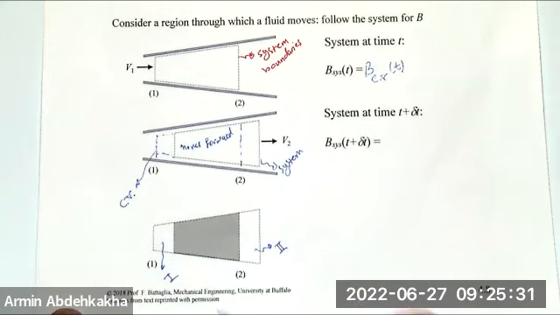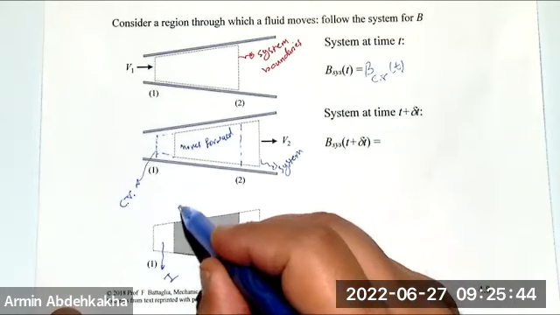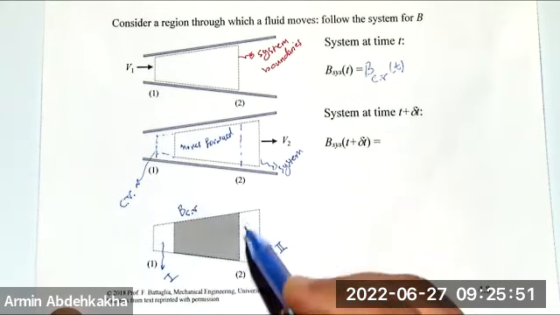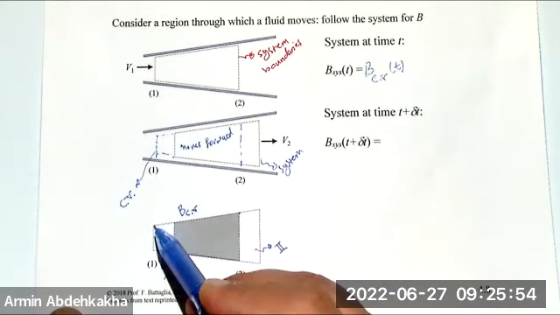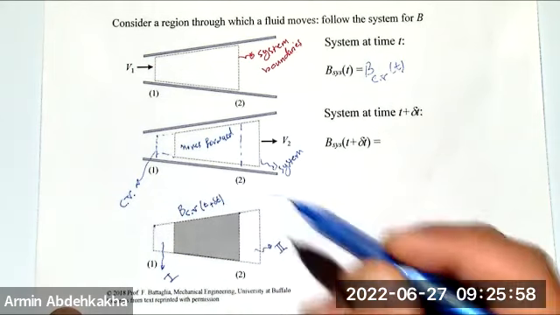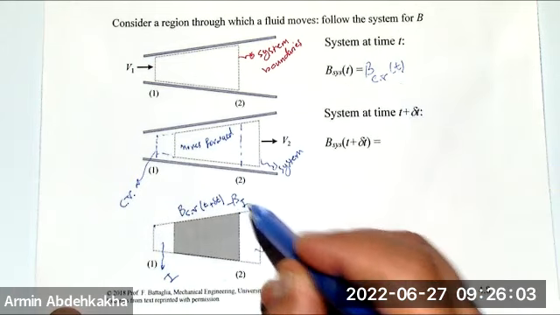So if I consider that this is my control volume at time t plus delta t, which is the same as the control volume at time t, then this part is going to be B of the control volume, because that's from here to here, the control volume at time t plus delta t, which is again the same as at t, minus B1.